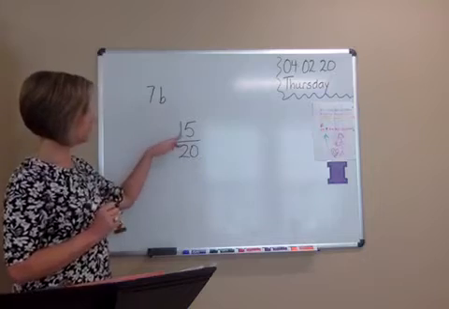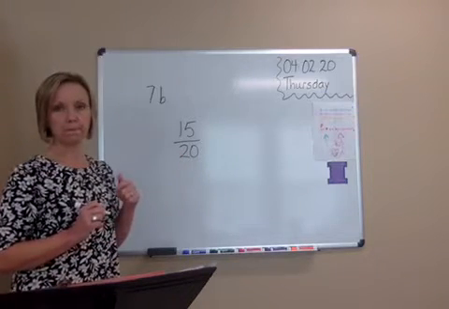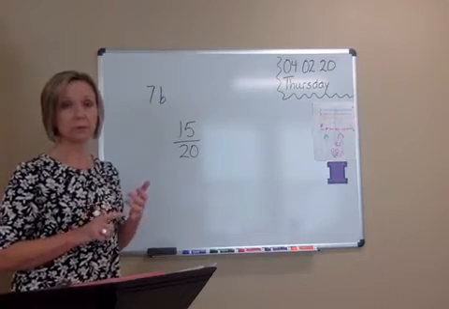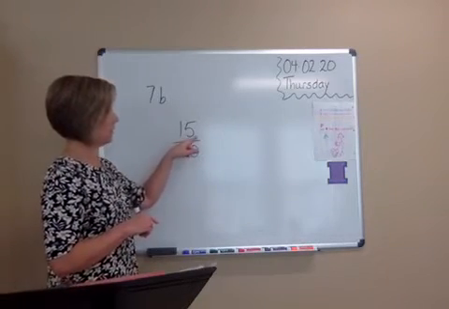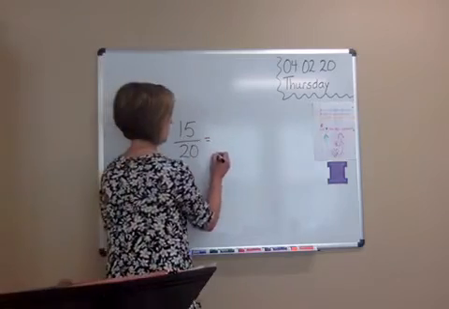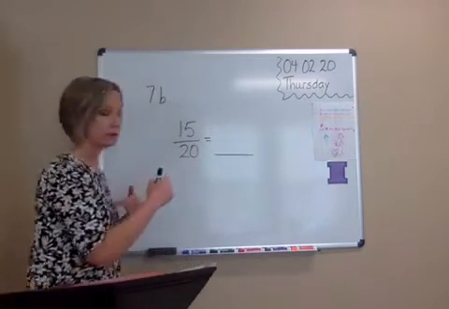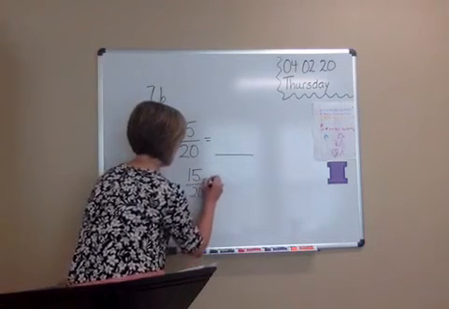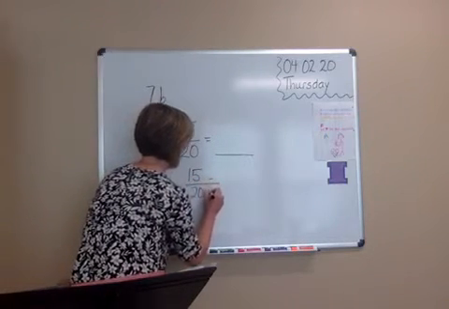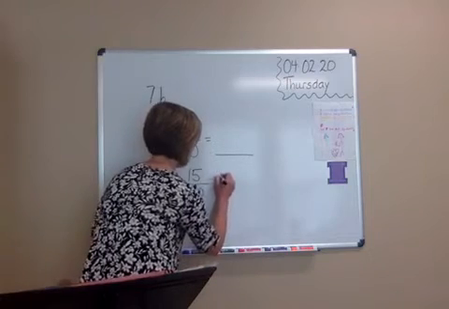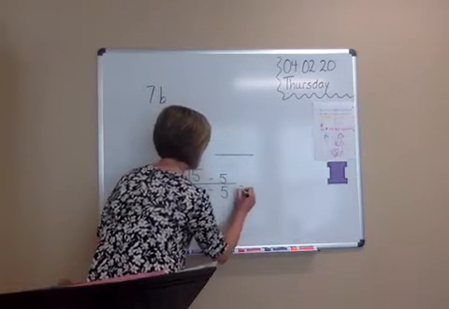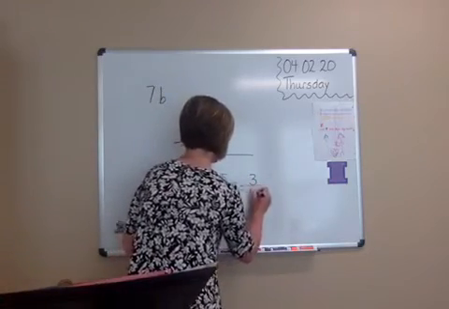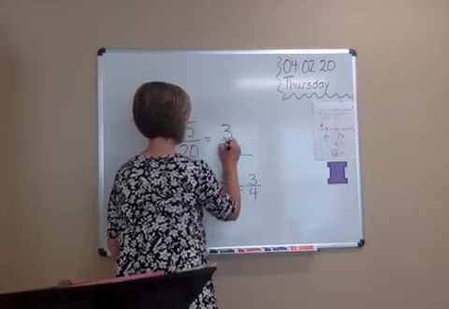Okay, so 15 and 20. 5. So in your book, there's a blank. I'm going to rewrite it 15/20 divided by 5 over 5 equals 3. 20 divided by 5 is 4. So the answer there is 3/4.